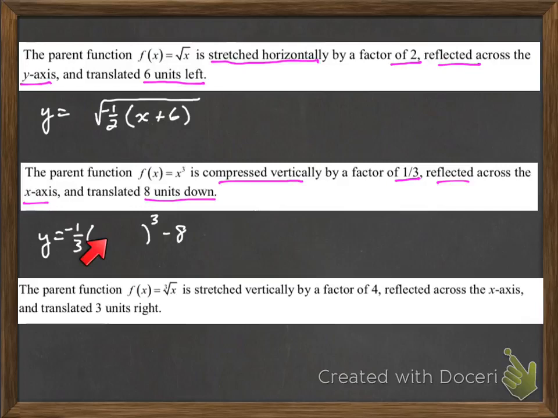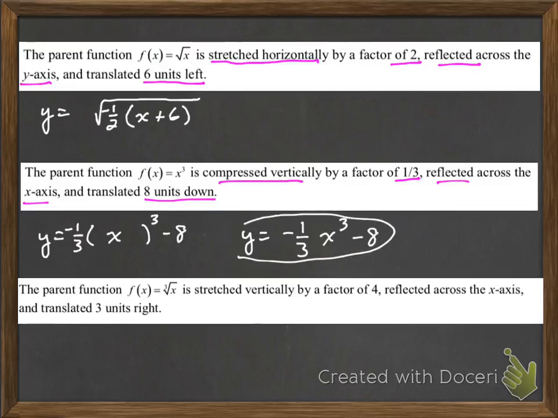Well, that's where our variable is located, and that would be x minus 0, because there is no shift to the left or to the right. And x minus 0 can just be written as x. Now, in this situation, because all you have is the x in there, you do not absolutely need the parentheses. You can just write it as negative 1/3 x cubed minus 8. This would be the same equation as this one. It's just that the parentheses are not necessary if all you have is an x.